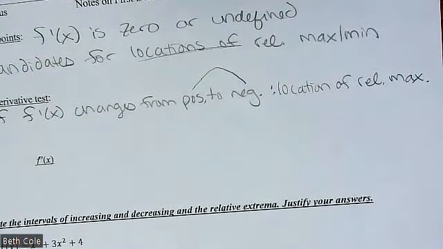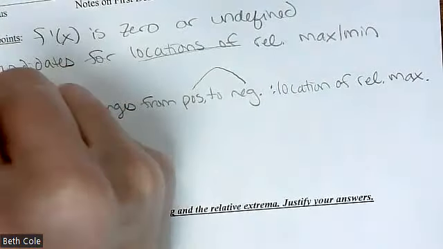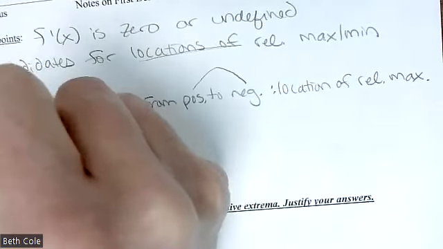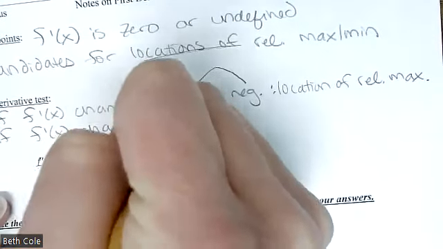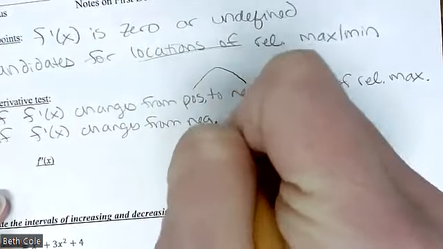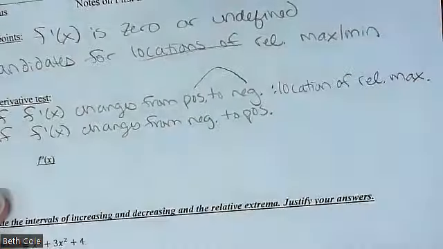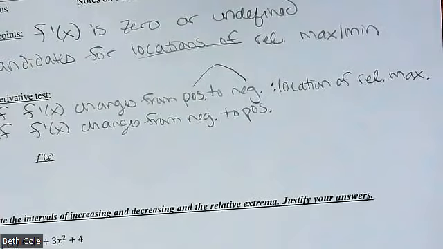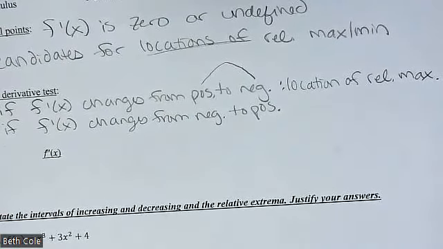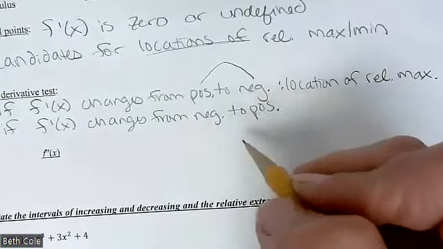Location of, it's the x value. It's not the maximum itself. You would have to plug back in and get a y value for that. But if f prime changes from positive to negative, that is the location where you get a relative maximum. And then I call this the sibling statement. It's going to be the same thing, but the other way around. If the derivative changes from negative to positive, that means your f of x graph changes from what to what?